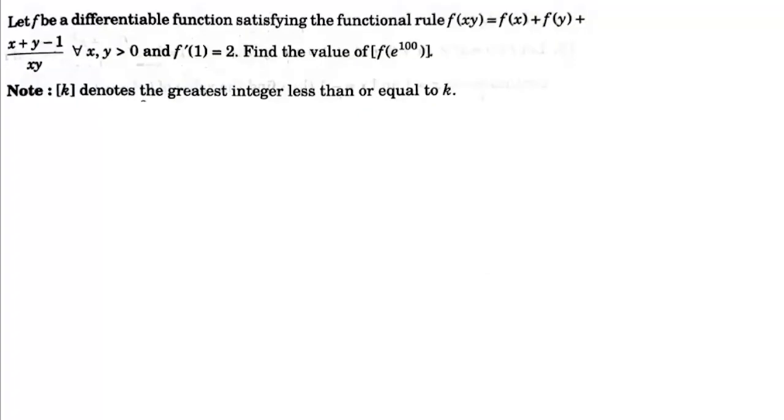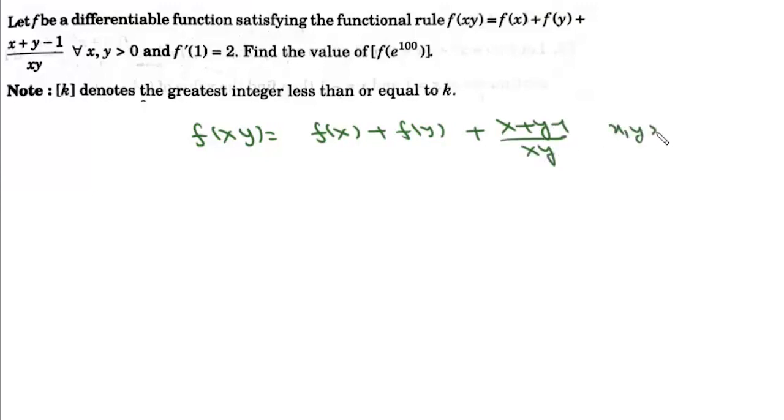Now here the question is, if f is a differentiable function, so it's fine. fxy equals fx plus fy plus x plus y minus 1 upon xy for all x, y greater than 0, and f dash 1 is given, to find the value of f of e to the power 100.